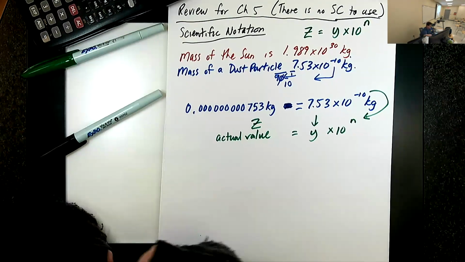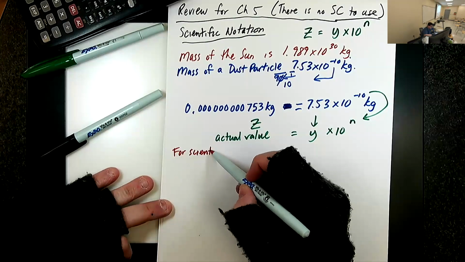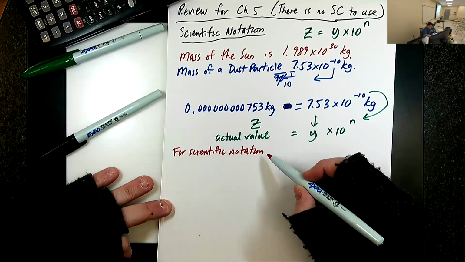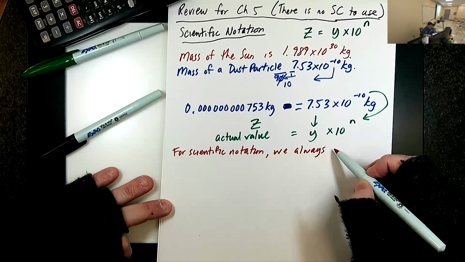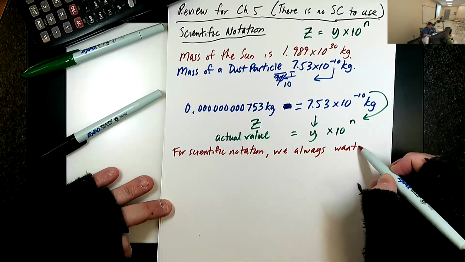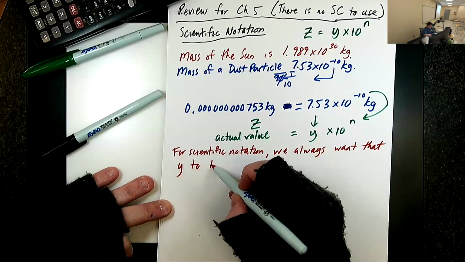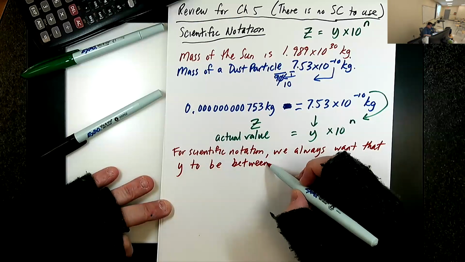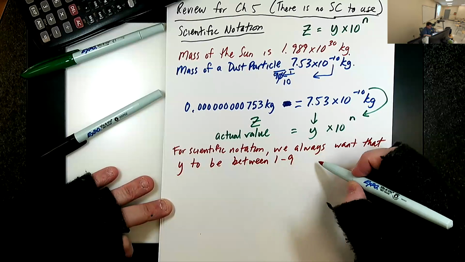For scientific notation, we always want y, that y right there, to be between 1 and 9, including those.